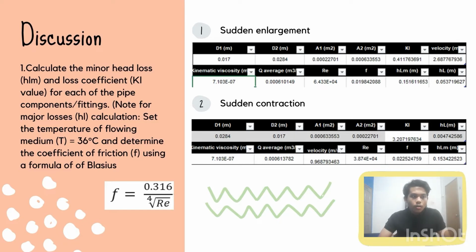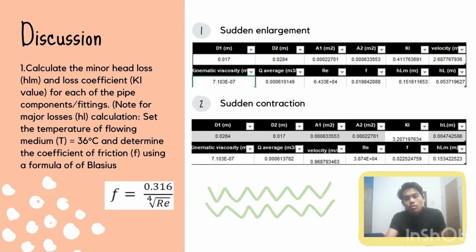So, to find the major loss using the Blasius formula, it needs the Reynolds number. The Reynolds number is equal to velocity times diameter over viscosity.